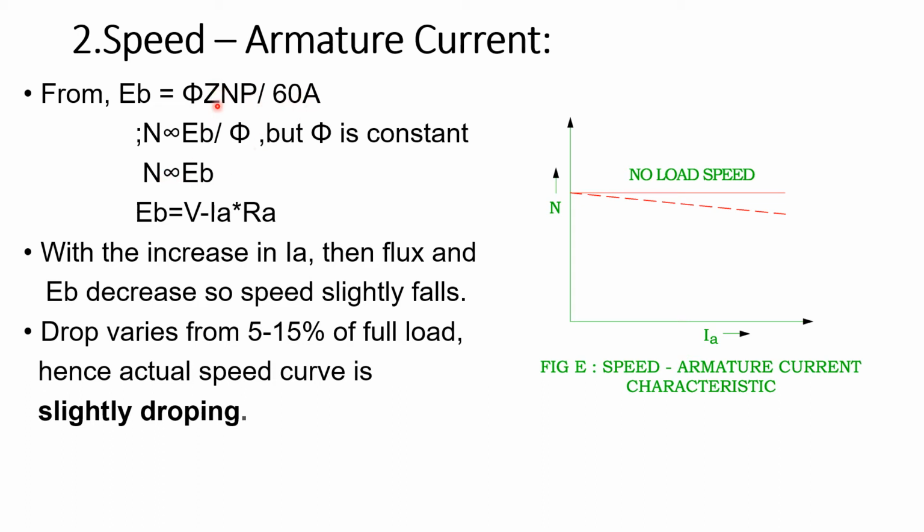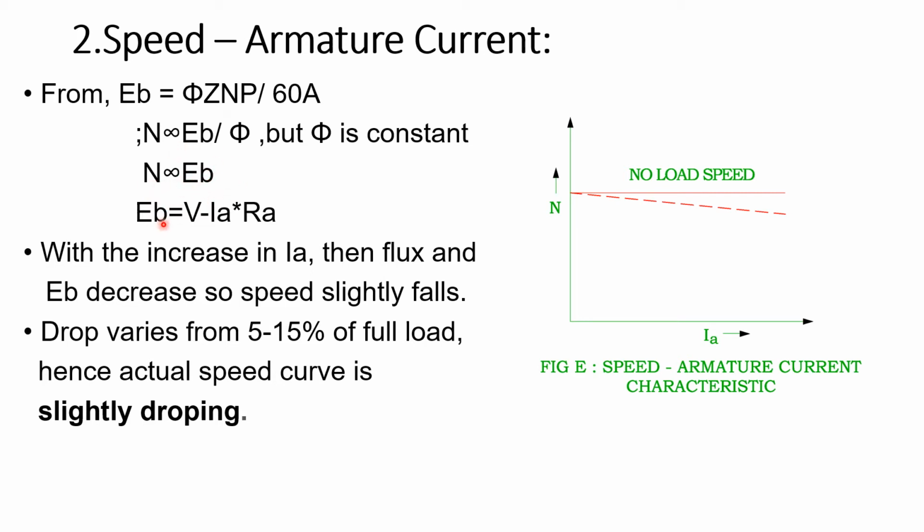So from here we can write the equation for speed: speed is directly proportional to the back EMF and inversely proportional to the flux. But already we discussed that for DC shunt motors the flux will be constant. So we can write the relation between the speed and the back EMF like this: speed is directly proportional to the back EMF.